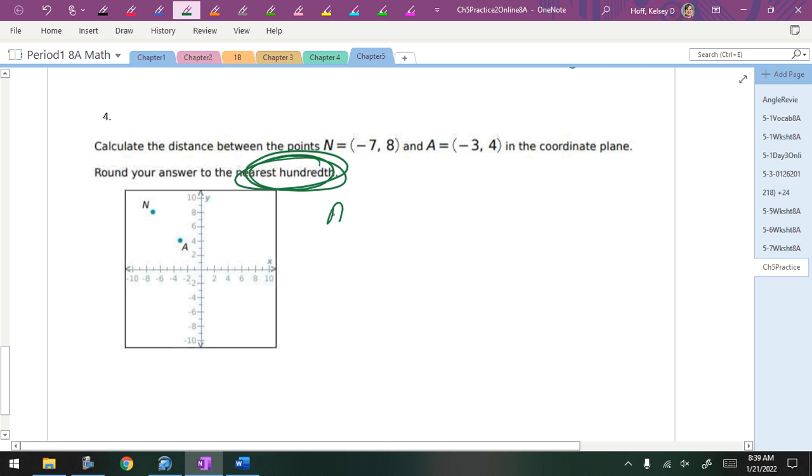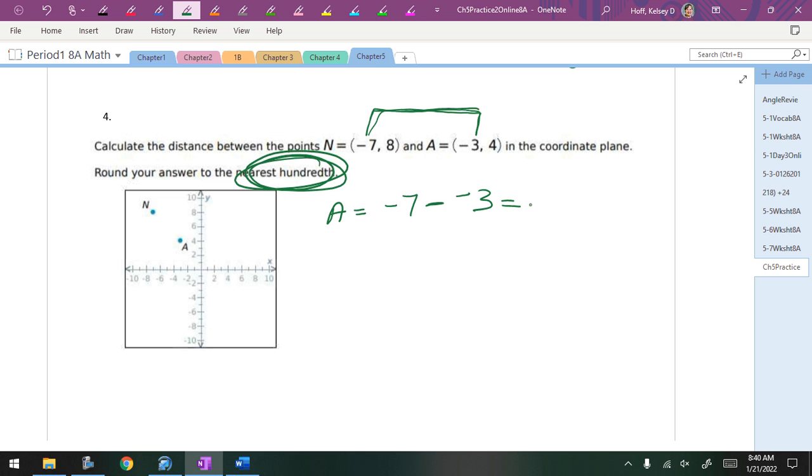So to find a, one side of the triangle, we need to subtract our x's. So we would say -7 minus -3. Type that into your calculator. -7 minus -3 is -4. But what is Miss Huff going to tell you about that? You just make it a +4.